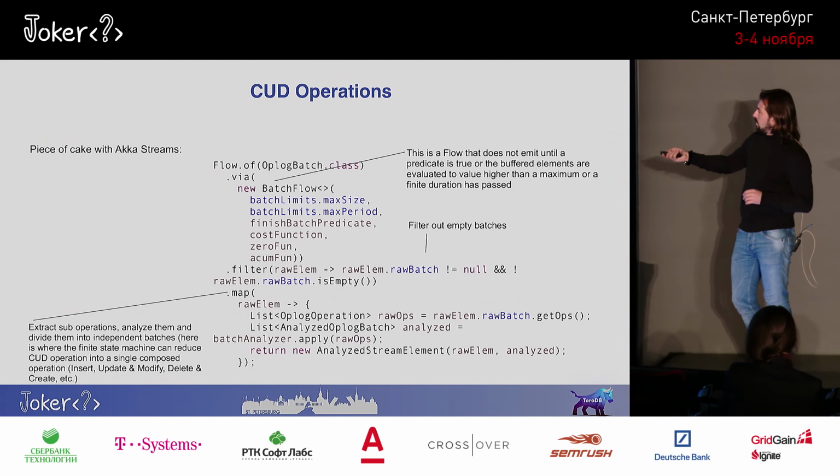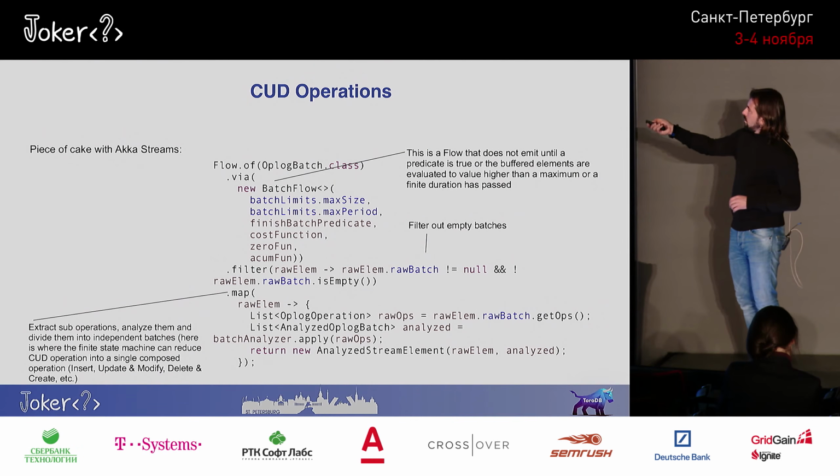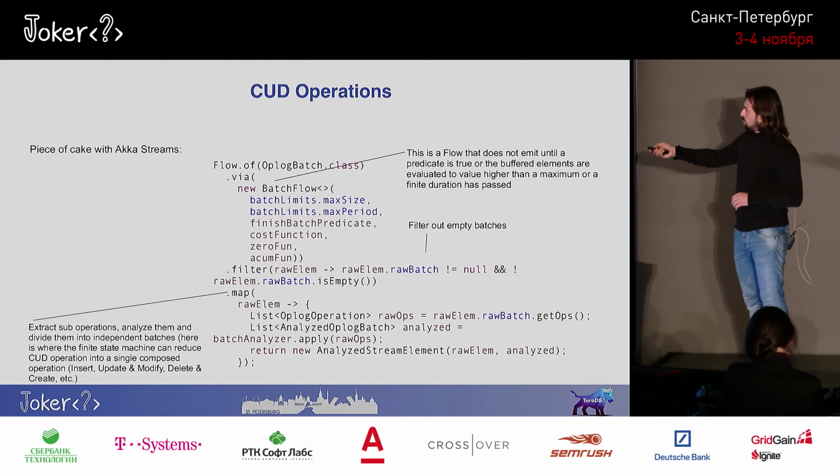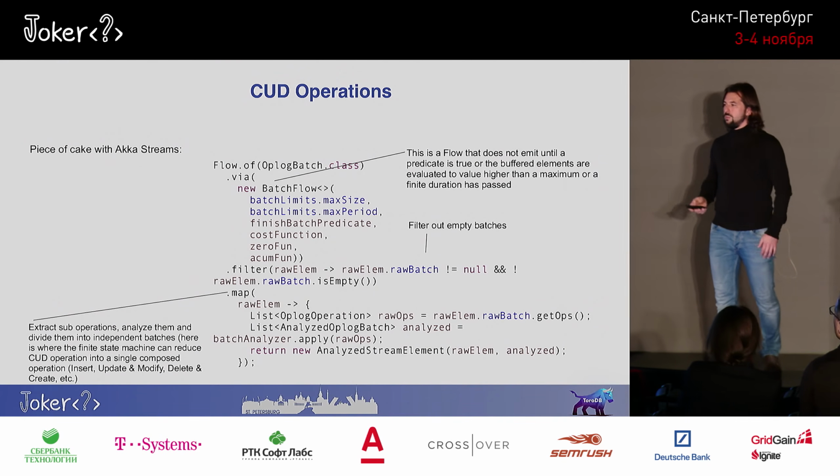And basically, the analysis, this is the part that breaks down this into pieces and returns the analyzer stream, which is sub-operations. But other than this, this is just a new flow with some filtering and a mapping elements. Quite nicely fits in this Akka Stream pipeline.